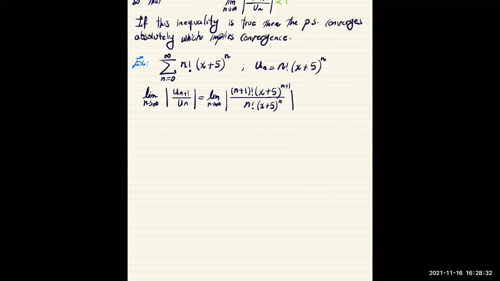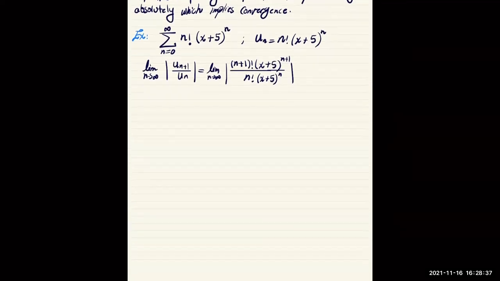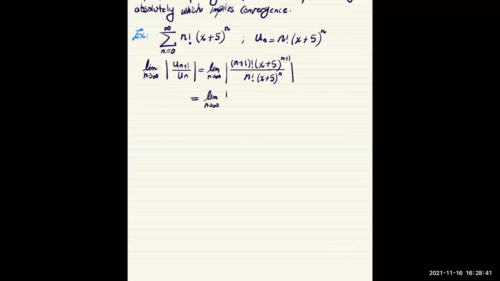All right, so let's simplify that ratio. Expand u sub n plus 1: (n plus 1) factorial expands to (n plus 1) times n factorial. (x plus 5) to the n plus 1 is (x plus 5) to the n times (x plus 5).